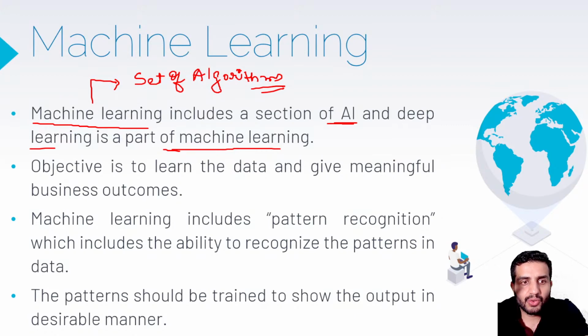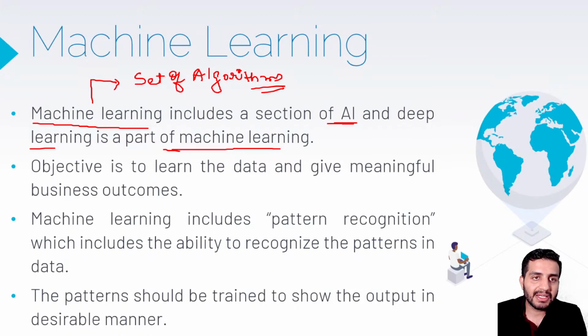So data with no relationship does not really make any business sense. That is where the objective is to make sure that the machine is able to learn that data. Learn means it is able to identify the patterns, the symptoms. Likewise, it can relate it to some business meaningful outcome. And here in this case, my meaningful business outcome is whether the person is having cancer or not.